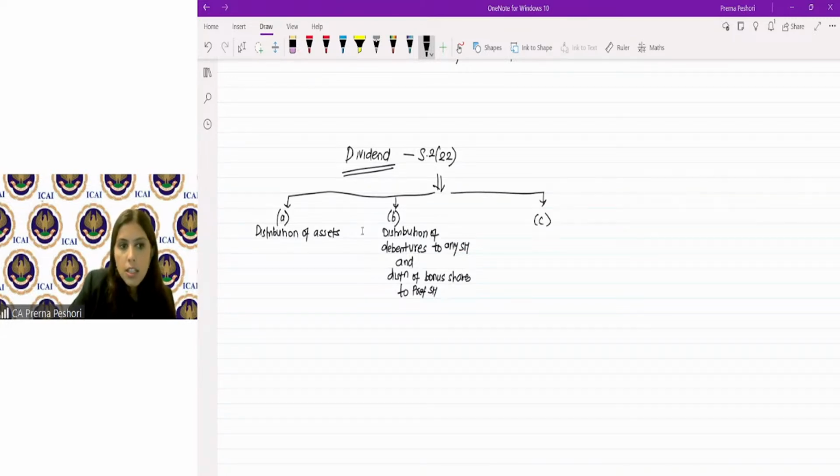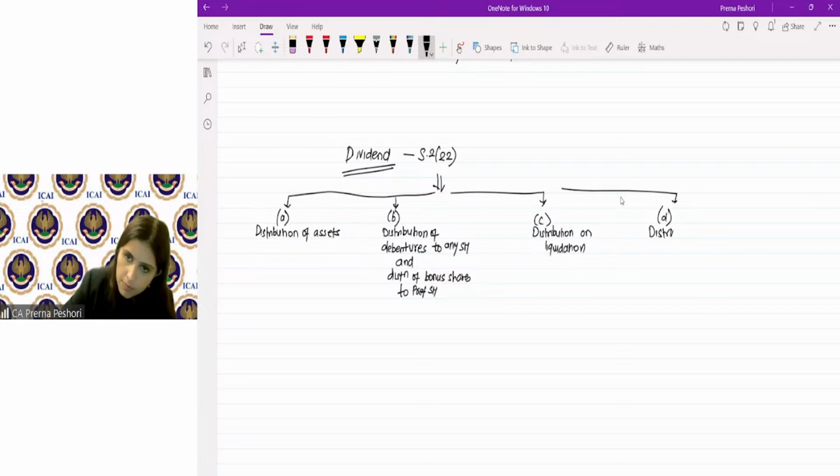2(22)(c) talks about the distribution of the assets on the liquidation. 2(22)(d) talks about the distribution on the reduction of the capital.